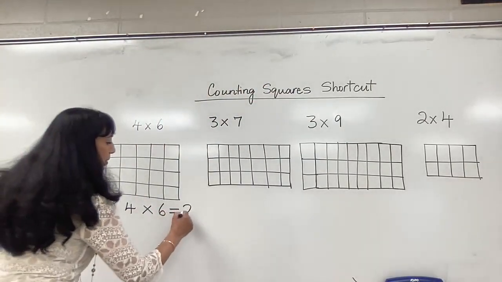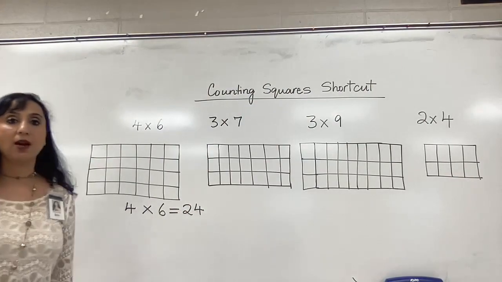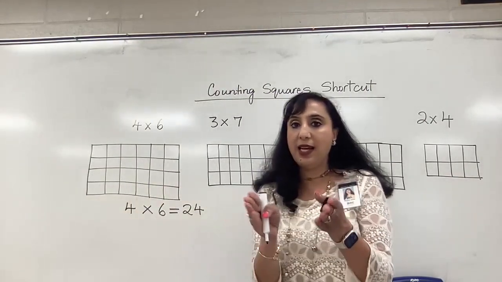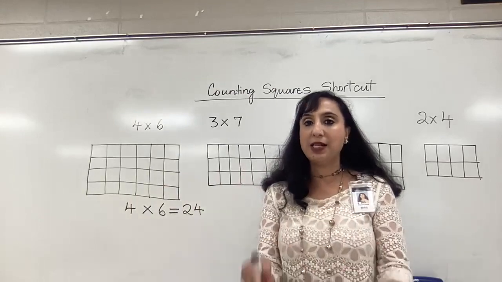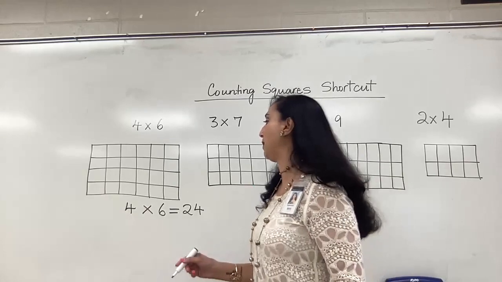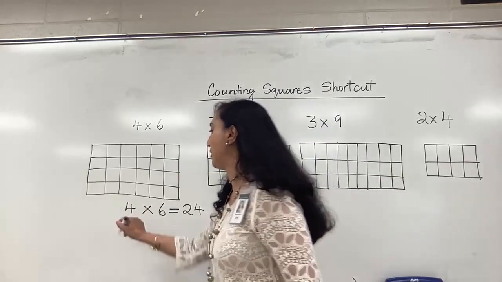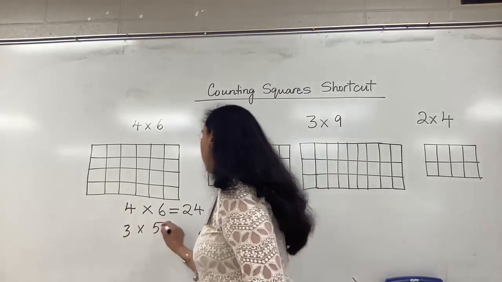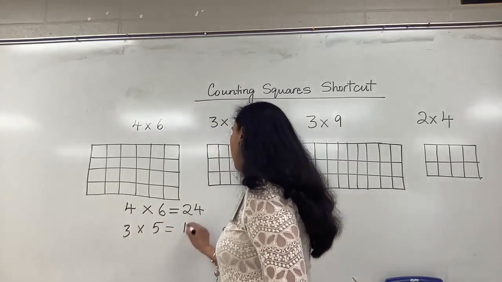This is equal to 24. All right, and then all I do is I start decreasing each number by 1 and multiplying, and then I just take the sums. That's what I mean by that: 1 less than 4 is 3, 1 less than 6 is 5, 3 times 5 gives me 15.